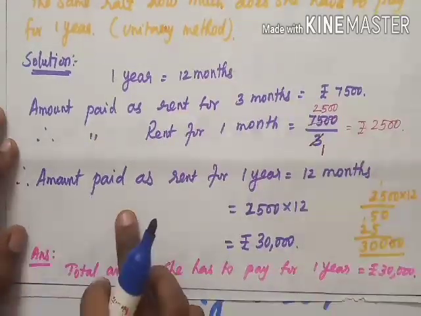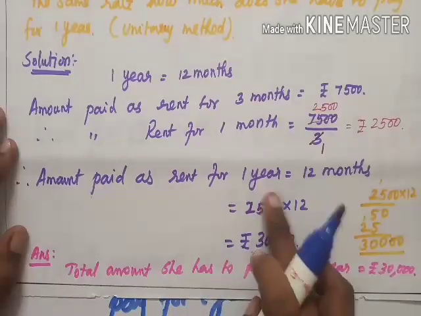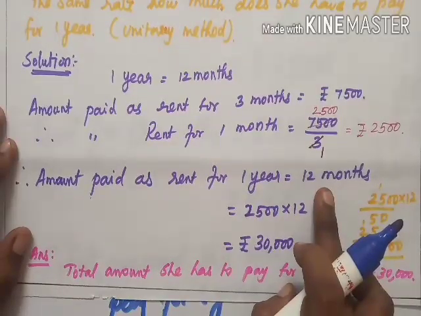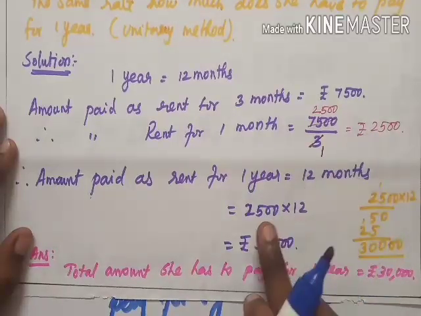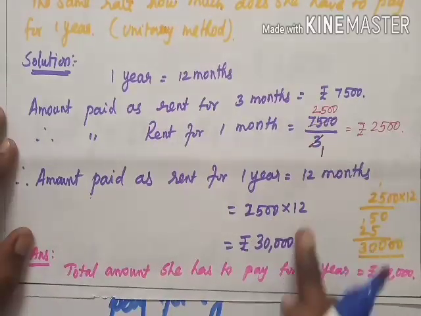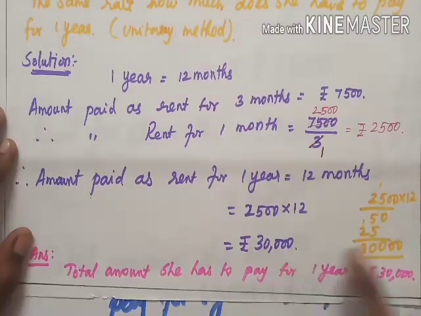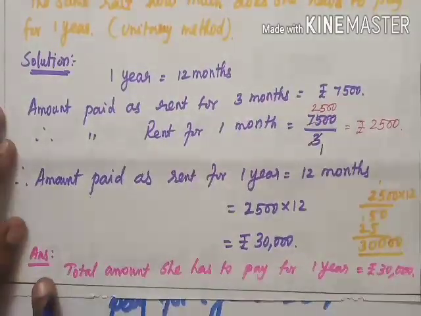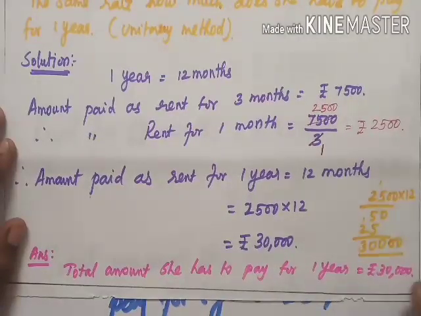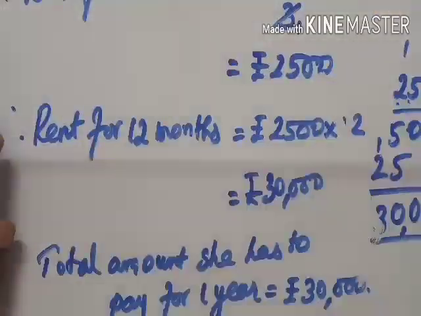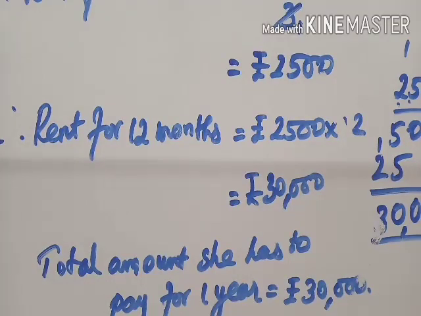So, amount paid as rent for 1 year is 12 months, so we have to multiply this answer with 12. So, 2,500 into 12 is equal to rupees 30,000. This is rough work. So, at last take and write the answer. Total amount she has to pay for 1 year is equal to rupees 30,000. Yes? Got it, children? Yes.